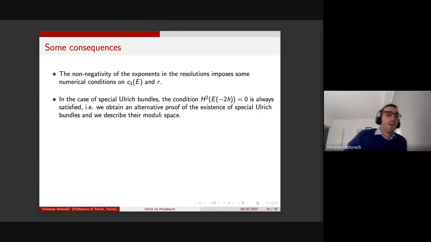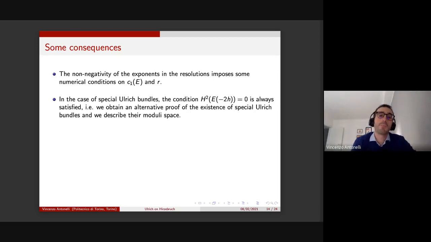In a special case, and special is a bit of a tricky word, but in the case of special Ulrich bundles, so rank 2 Ulrich bundles where the first Chern class is 3H plus K, the one case in which we already know the existence, it's possible to prove that the condition on H2 is always satisfied.